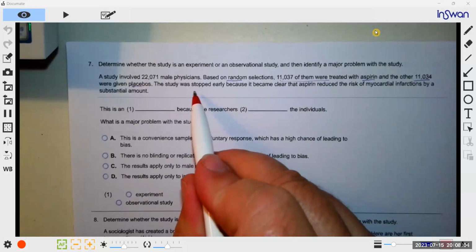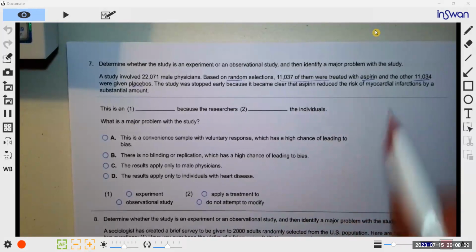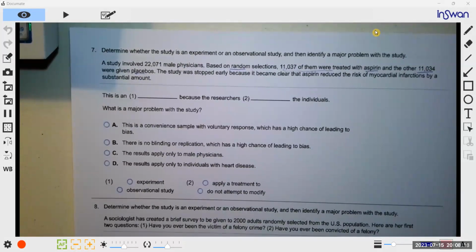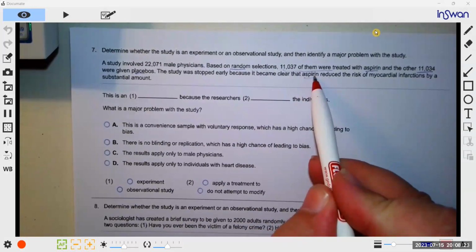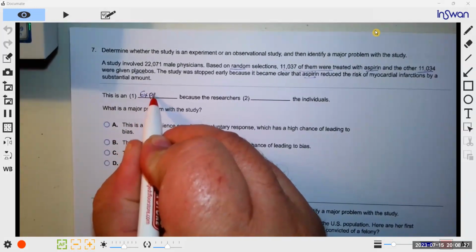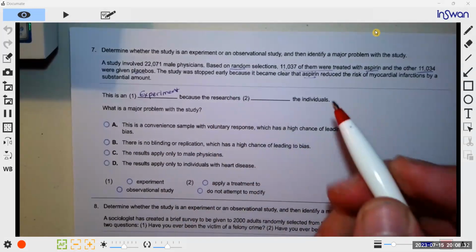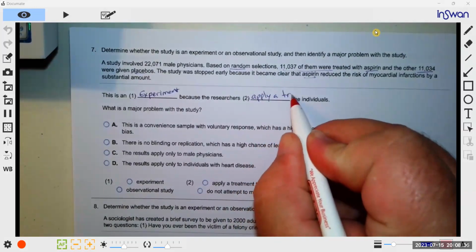The study was stopped early because it became clear that aspirin reduced the risk of myocardial infarction by a substantial amount. So remember, they're given an aspirin, so that's a treatment. Since this is an experiment, because the researchers applied a treatment.